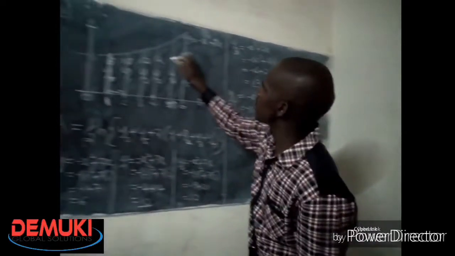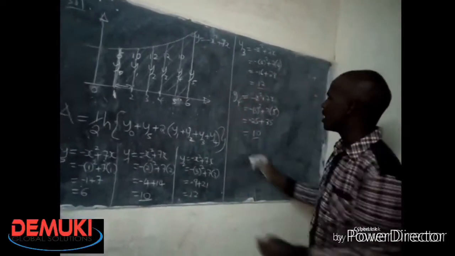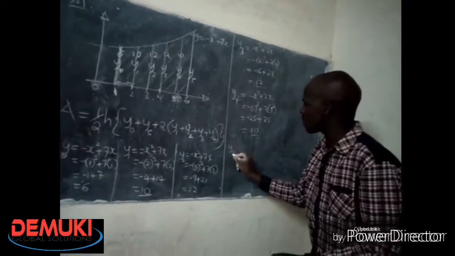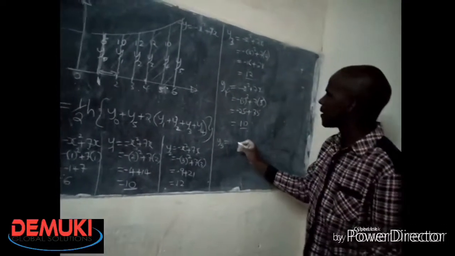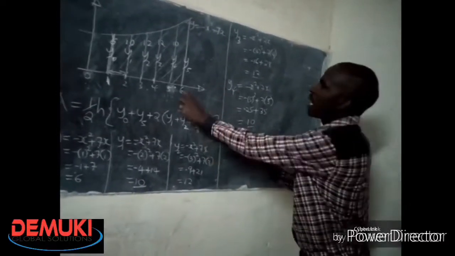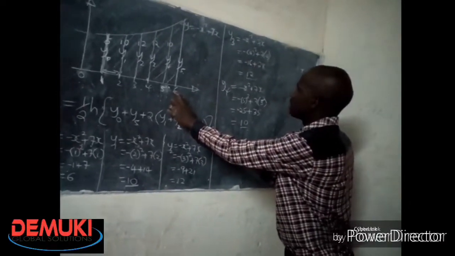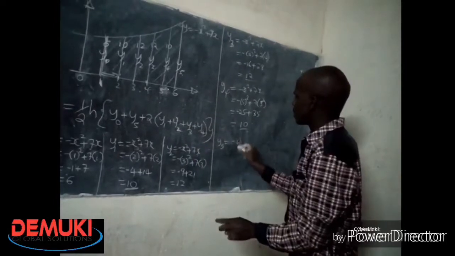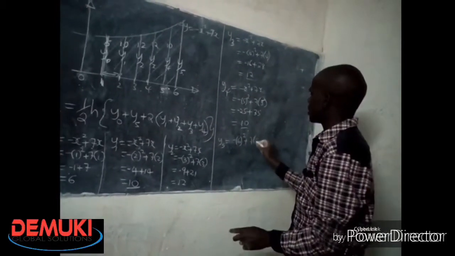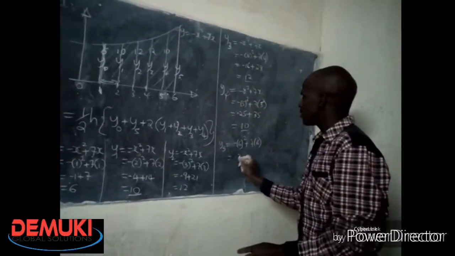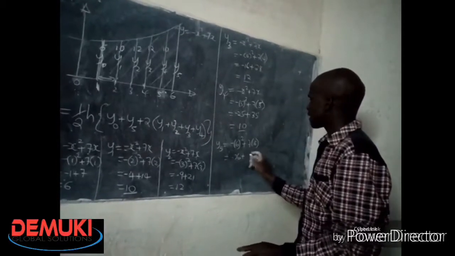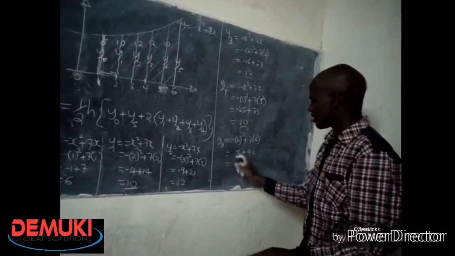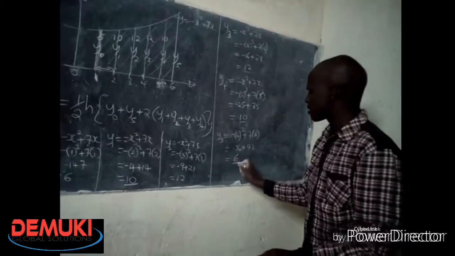So this is 10. And then finally, my last one is y5. Y5 should be negative, and x for this one is 6. So it should be negative 6 squared plus 7 into 6. So this will be negative 36 plus 42, and this gives me 6, right?